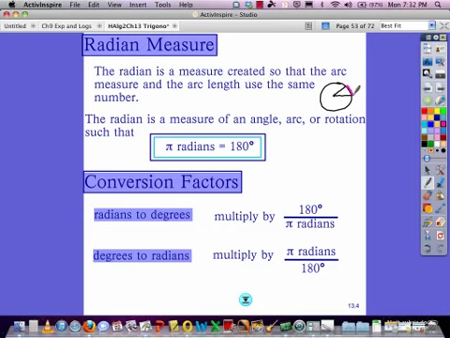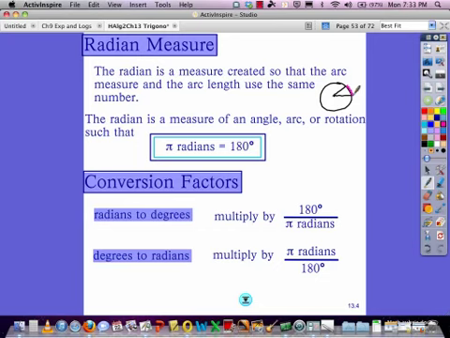So the radian is a measure of an angle, arc, or rotation such that pi radians is equivalent to 180 degrees. Now, some of you right away will say, well, wait a minute, pi radians, that's not a real nice number. 3.14-ish, and actually, as you know, you can use your exact value decimal approximation on your calculator.